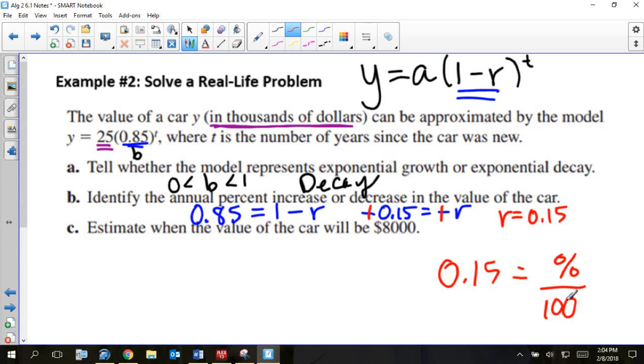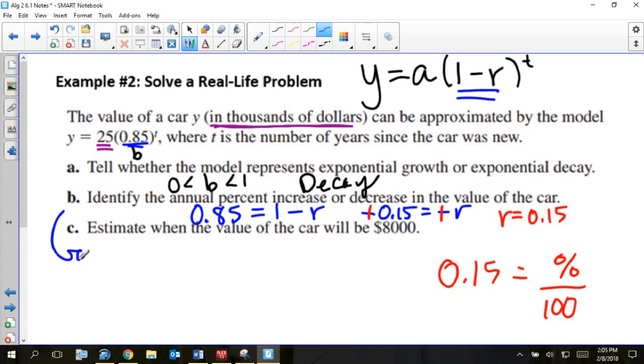If you multiply 0.15 times 100, just like you do for your homework every single day. Hold on, I make you do that every day. Well, let me say it again. Those of you that do your homework. So that would be 15%.